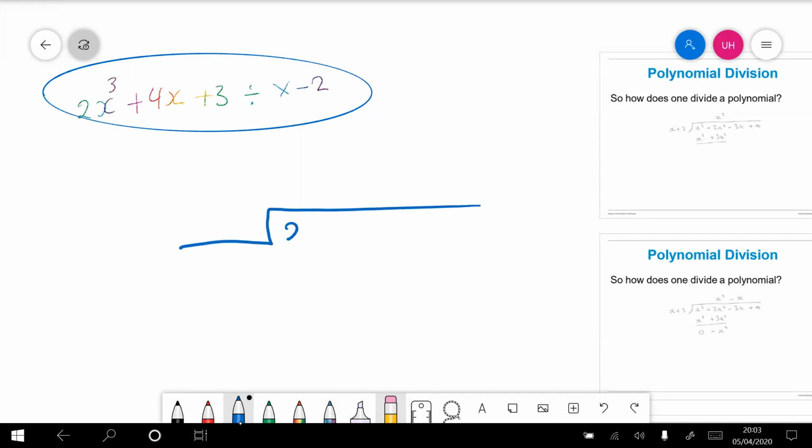I will put it as 2x cubed plus 0x squared plus 4x plus 3, yeah, divided by x minus 2.